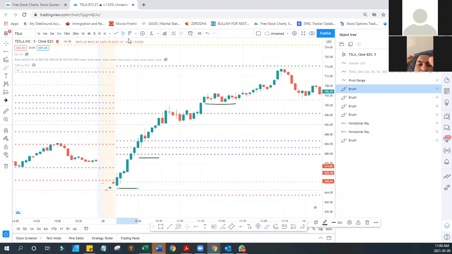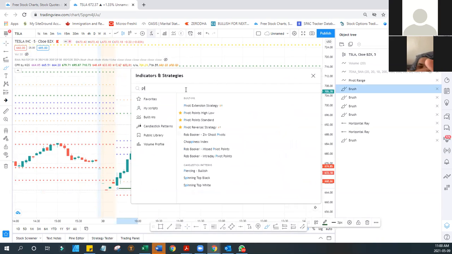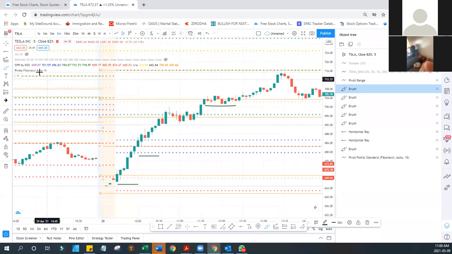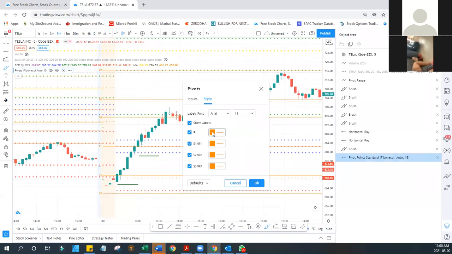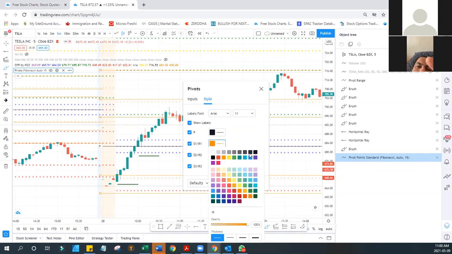Okay. Pivot point standard. Now I'm going to change the color so everybody can see. I'm going to make everything black, so it comes out easily.